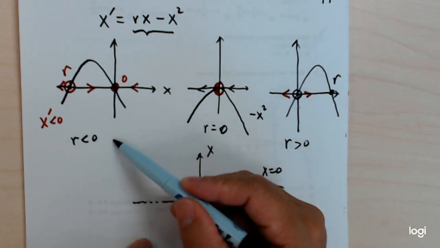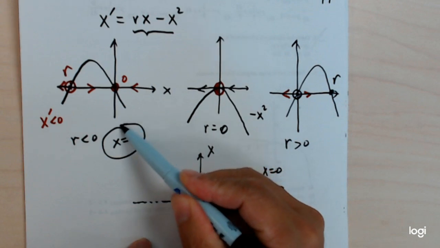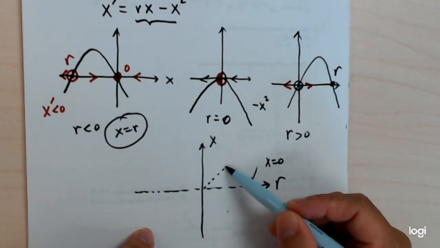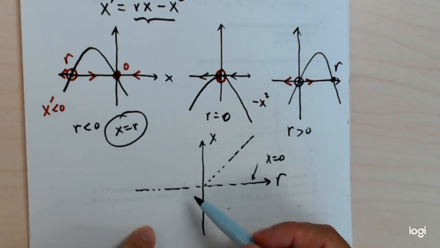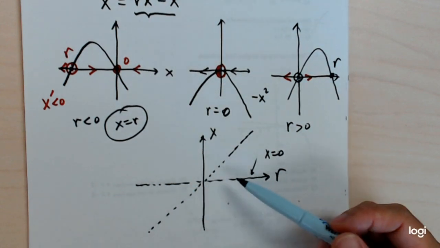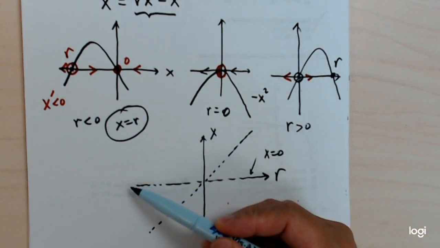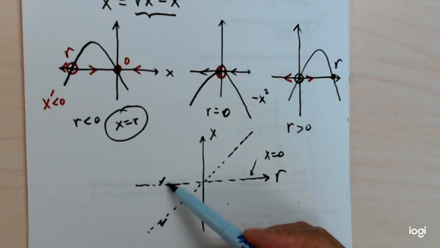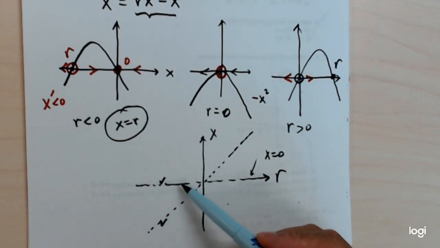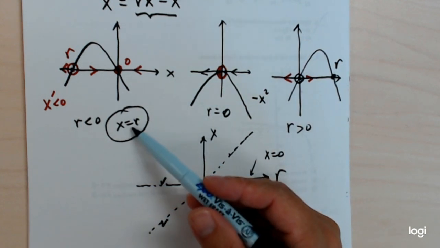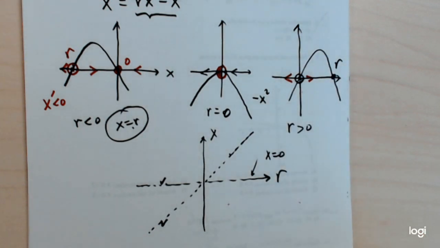The other one is x equal to r, which is always a straight line. This one does not depend on r, it's always x equal to 0. And this one depends on r, and it's always given by x equal to r.